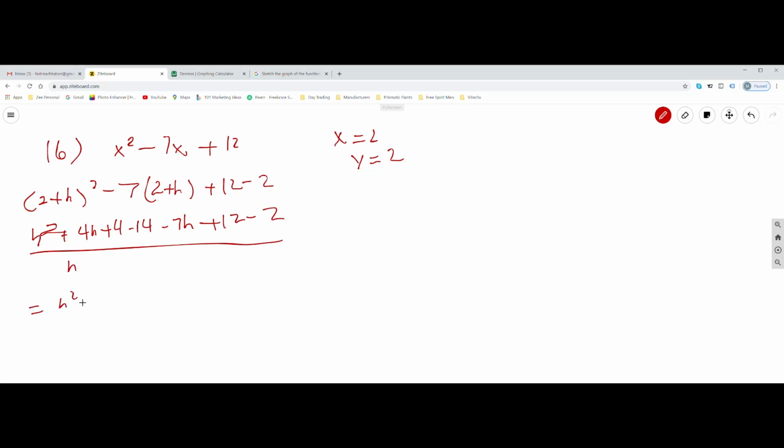h squared minus 3h over h, which is h minus 3 over h, equals negative 3.